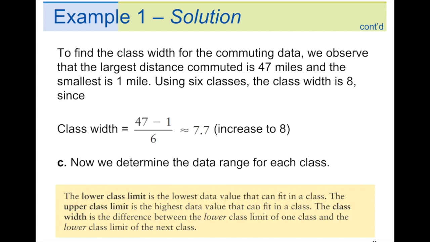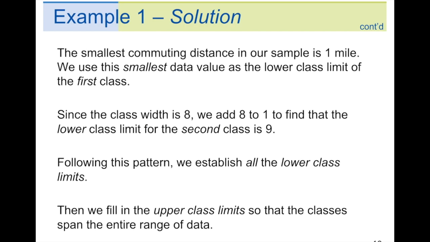The lower class limit is the lowest data value that can fit into a class. The upper class limit is the highest data value that can fit in a class. The class width is the difference between the lower class limit of one class and the lower class limit of the next. The smallest commuting distance in our sample is 1 mile.